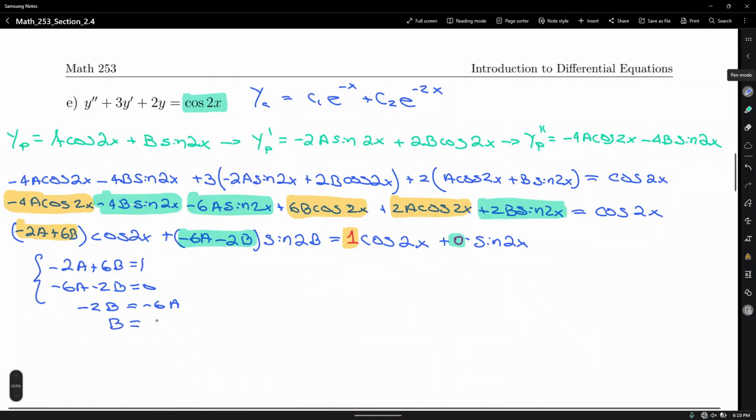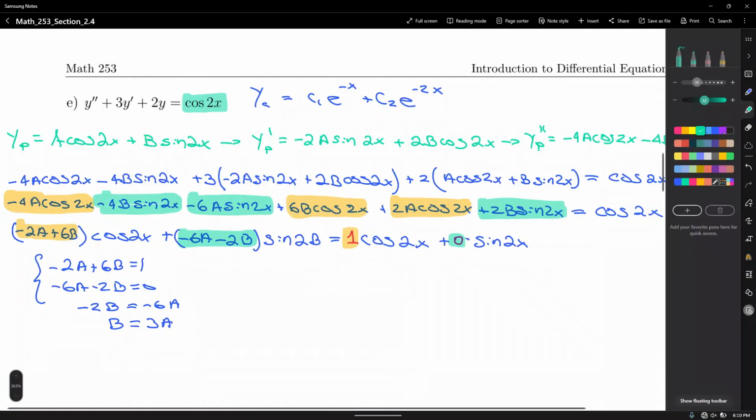So b equals, dividing both sides by negative 2, negative 3a. Then what do we do? Substitute b into the first equation.